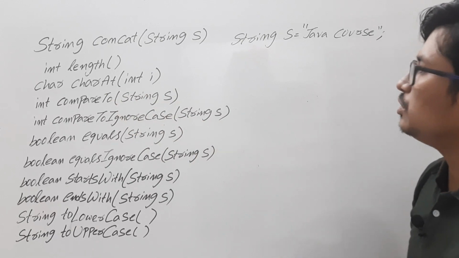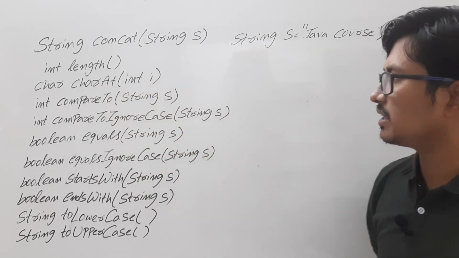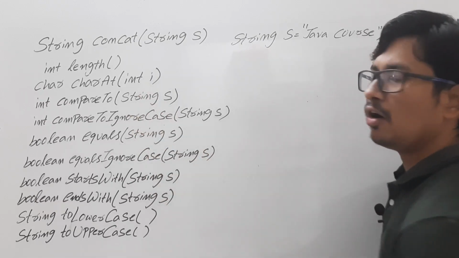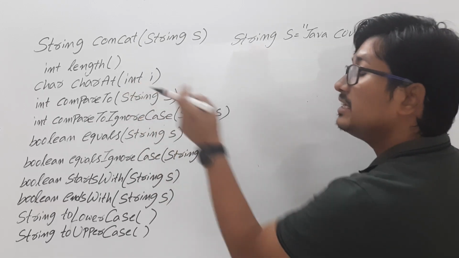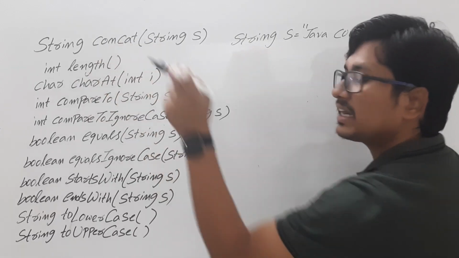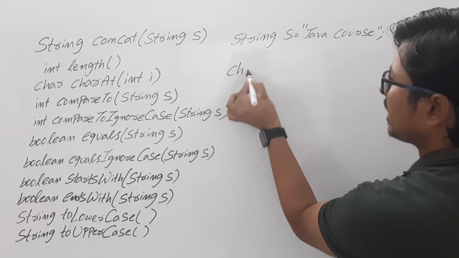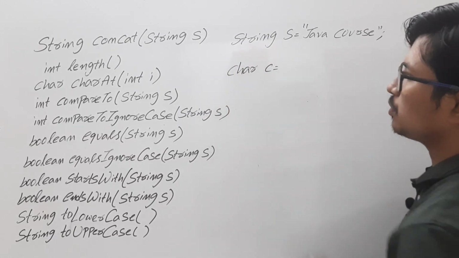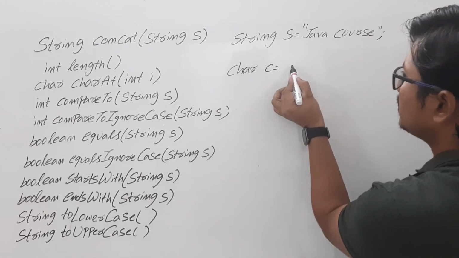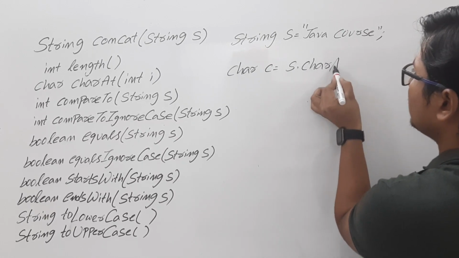If I ask the user to find the character at a particular index, so here you will provide the argument as an integer. Which index? At that index what character is there, that will be returned. So I will write char c is equal to s.charAt.